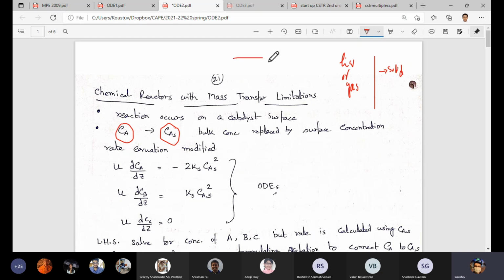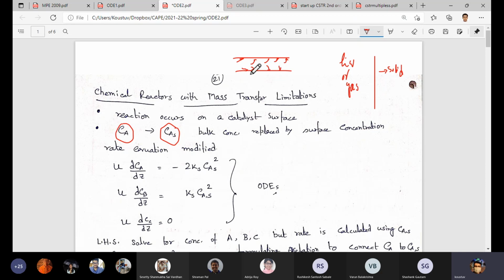So one application is that you have a catalytic reactor where walls are coated with catalyst, right? So this is a PFR, but you have the catalyst material coated on the wall.